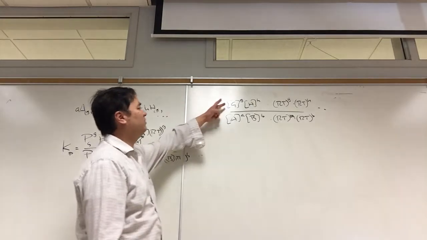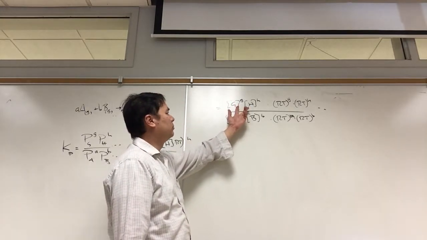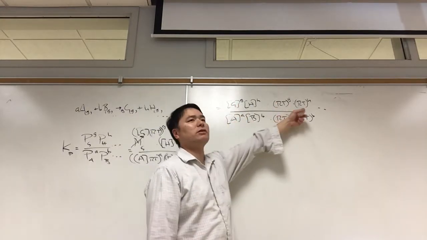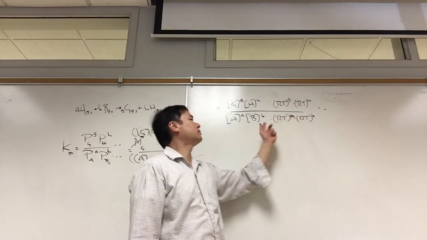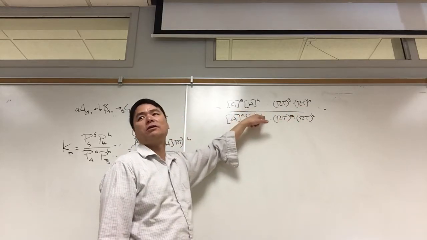And so if we have the same number of moles of gas in the numerator and the denominator, then the RTs all cancel each other out. But if they're different, then the RTs won't cancel each other out.